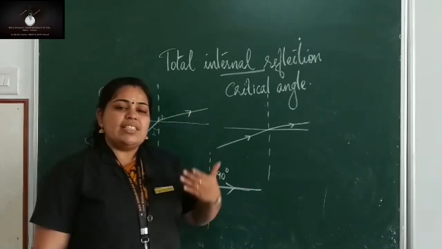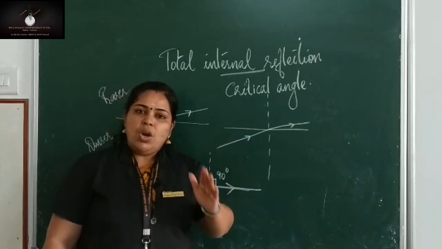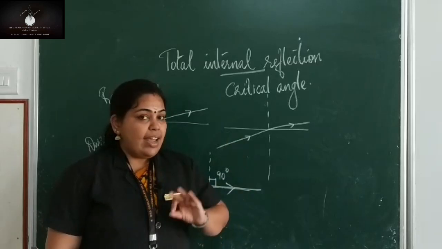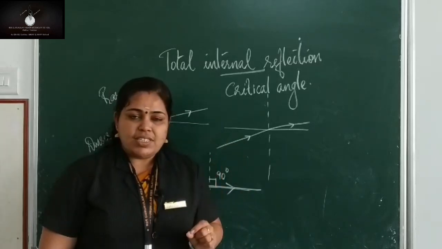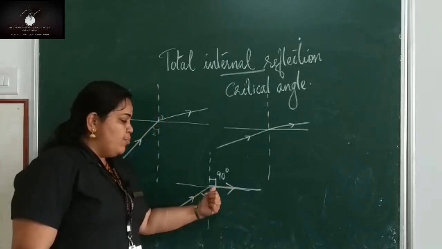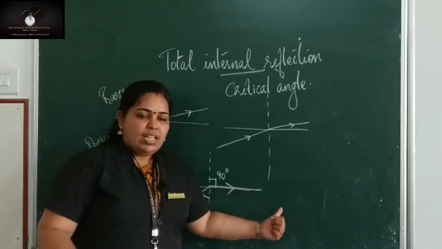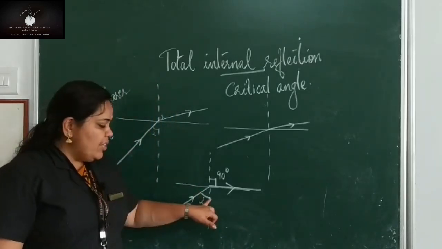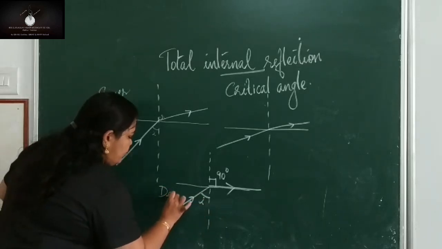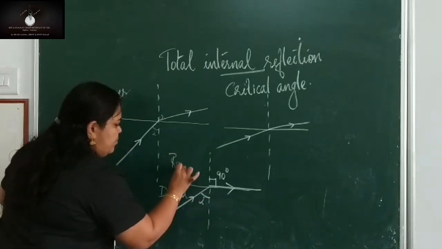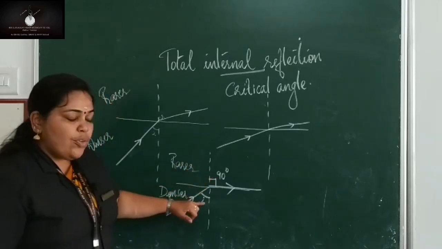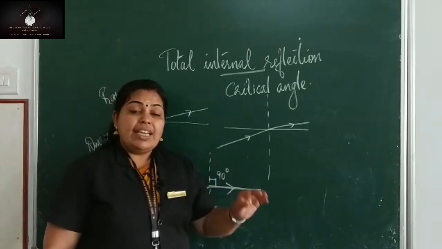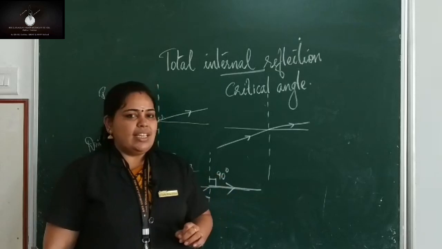As the angle of incidence changes, the angle of refraction also changes, and for a particular angle of incidence, the refracted ray moves along the surface of separation. So the angle of incidence in the denser medium, this is the denser medium, this is the rarer medium, for which the angle of refraction is 90 degree is known as critical angle.